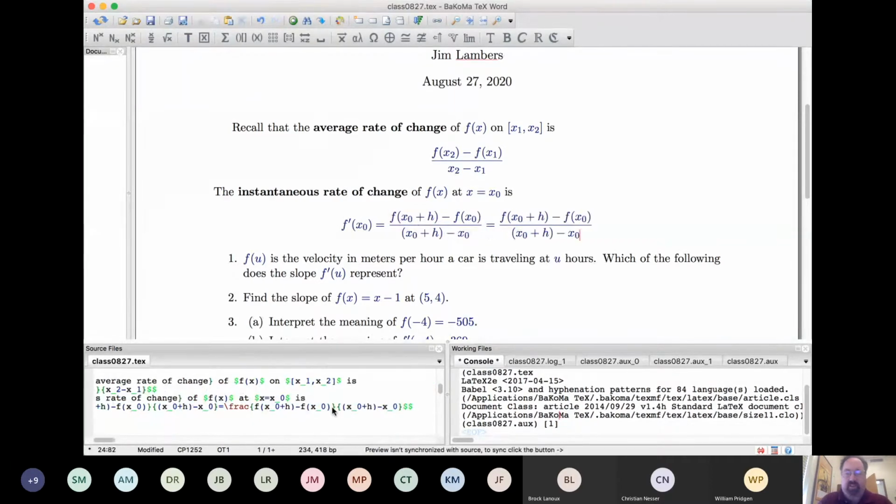And it just cancels those x's, so the denominator is just h. Right.